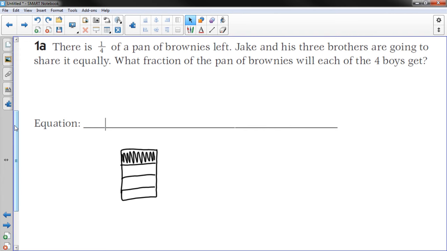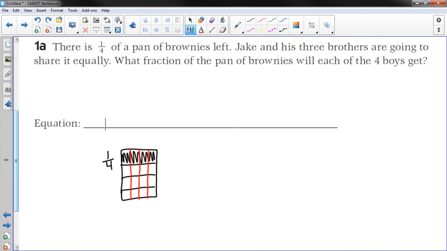Jake and his three brothers are going to share it equally. That's four people. So these four kids are going to share it equally. I should probably put 1/4 here so that's helpful, right? I'm going to divide this up into four equal pieces the opposite direction.